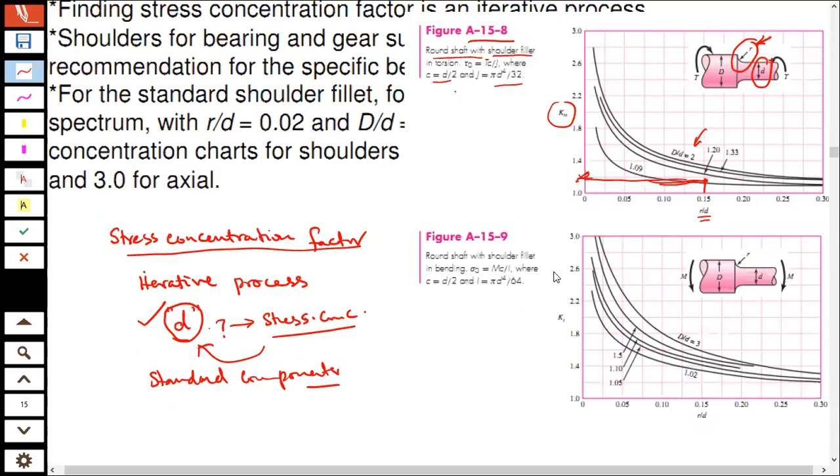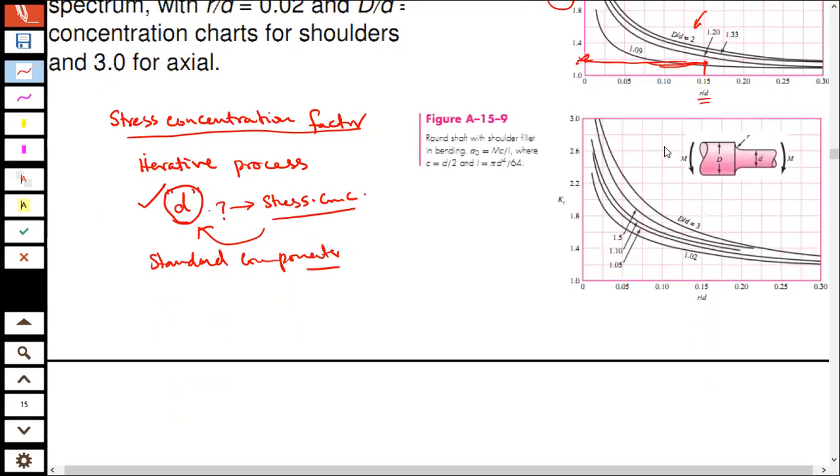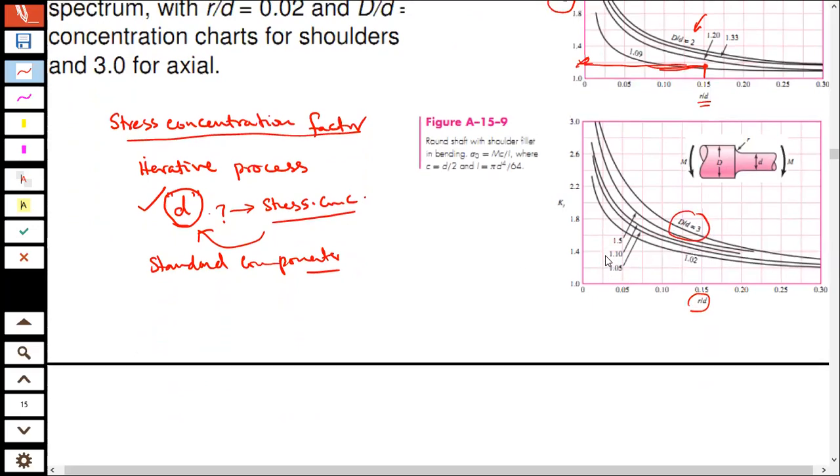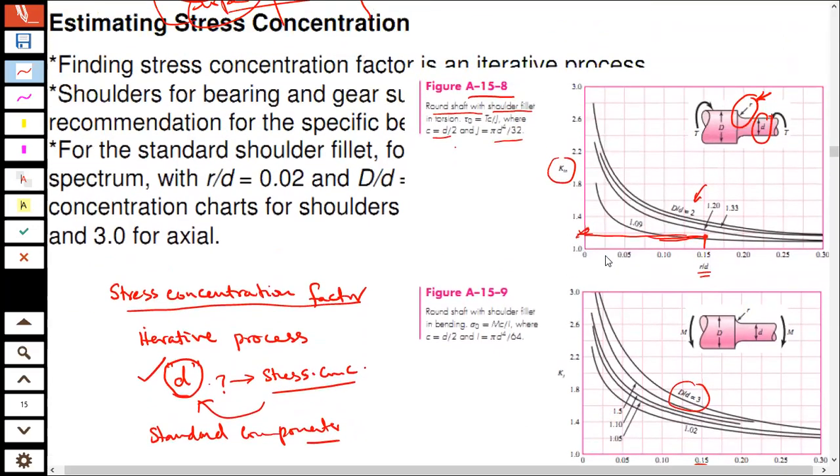Similarly, looking down at A-15-9, there are tables over there. And again, it is a round shaft. Okay? For some R by D ratio and D by d ratio, you can go ahead and find your stress concentration factor from these figures.